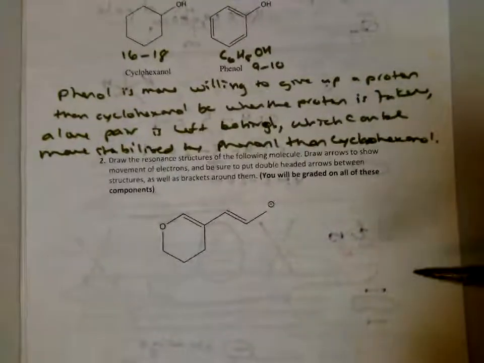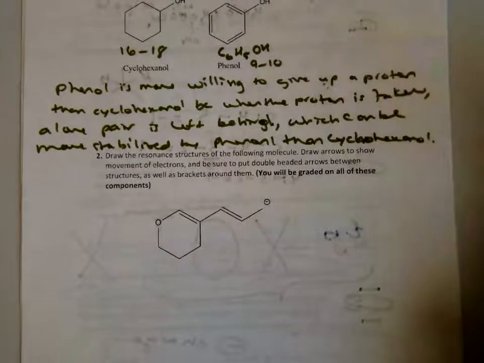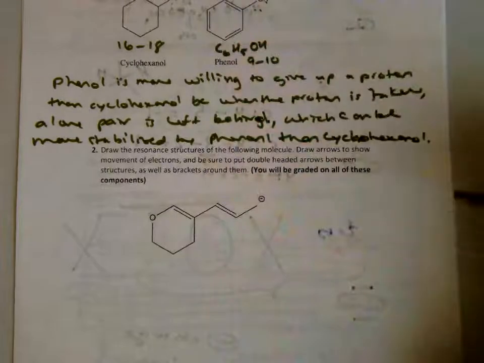I'm running out of room, so I'll write out the full sentence: phenol is more willing to give up a proton than cyclohexanol because when the proton is taken, a lone pair is left behind, which can be more stabilized by phenol than cyclohexanol.